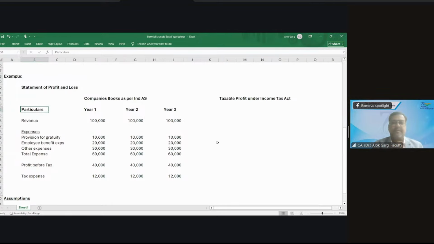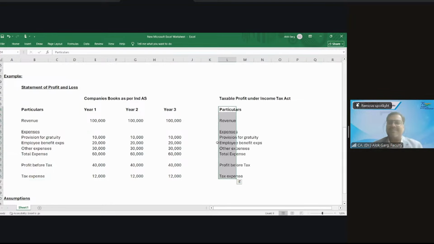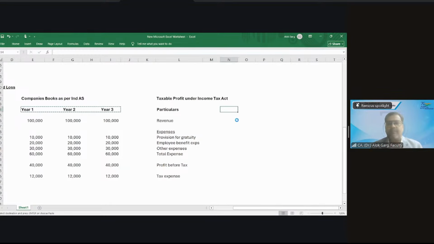So let me write particulars here. Year 1, 2, 3. Revenue.